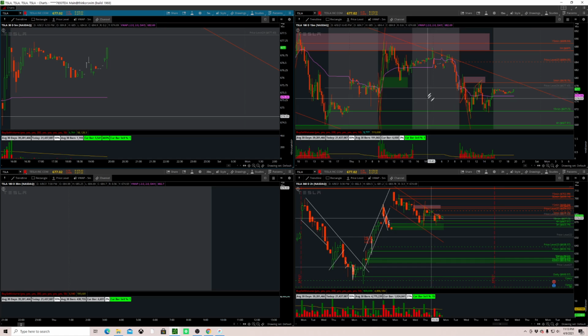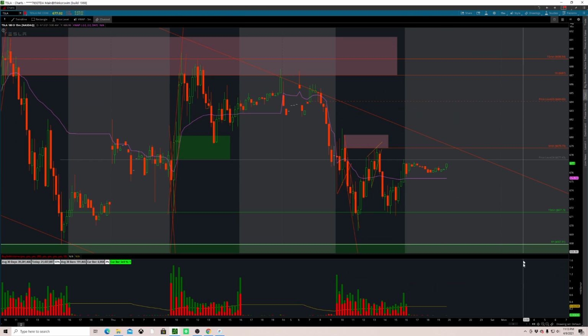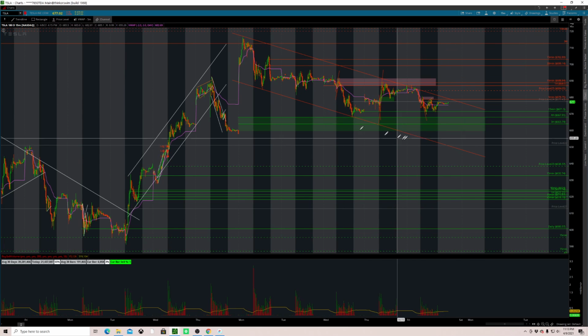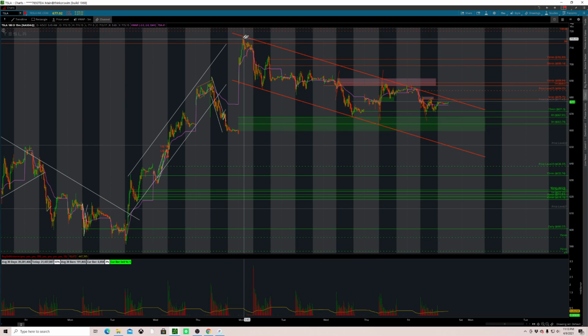So let's go into the plan for Tesla, and if we look, we had this channel. This is actually being redrawn, but this is the channel considering pre-market highs. So we have here high, low, and then another high up here, and then a low. So I think we plotted these 2 points and then extrapolated the channel here.